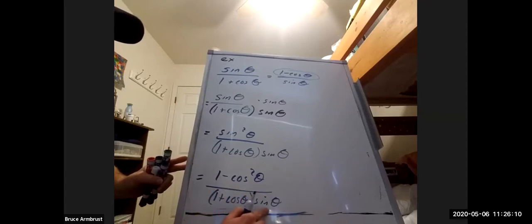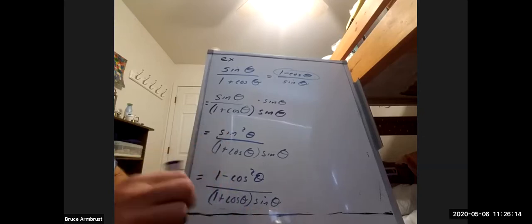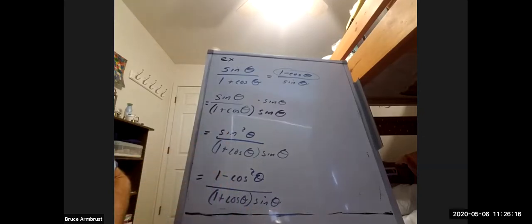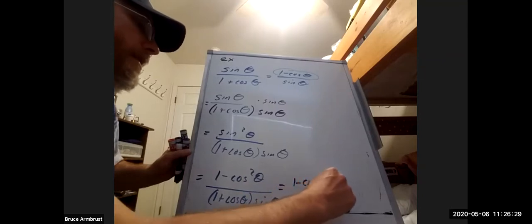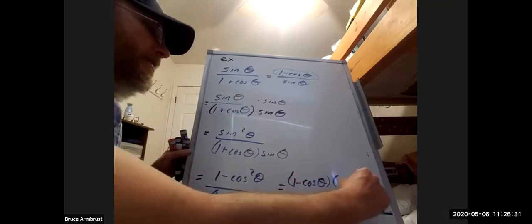So it's the same Pythagorean identity. We're just substituting in for sine squared. Then the next step would have been to factor that top because it's a difference of squares. So we get 1 minus cosine times 1 plus cosine.